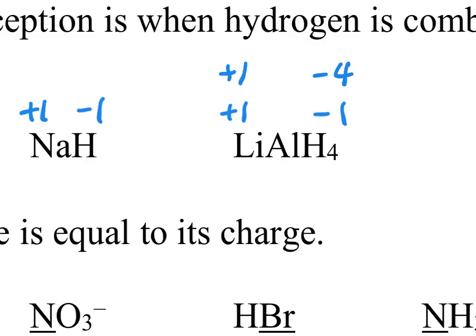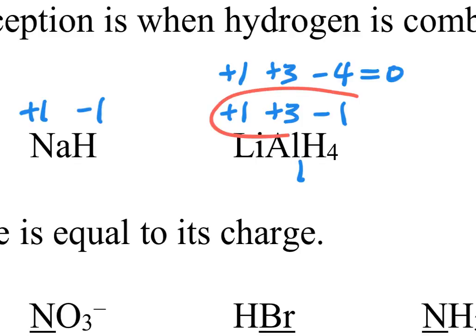Now, since lithium aluminum hydride overall is going to be a neutral molecule, then the total charge here has to add up to 0, which means the aluminum has to bring a total of +3 charge to the compound, and there's only 1 aluminum, so it itself has a +3 oxidation state.